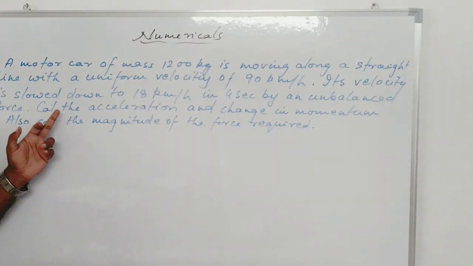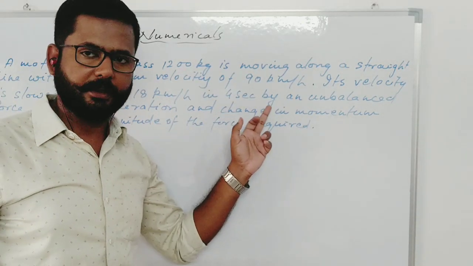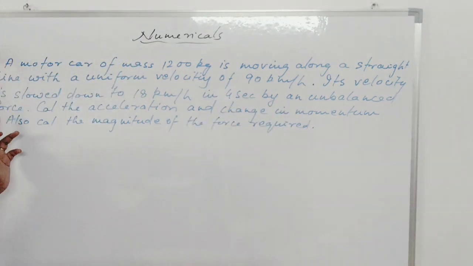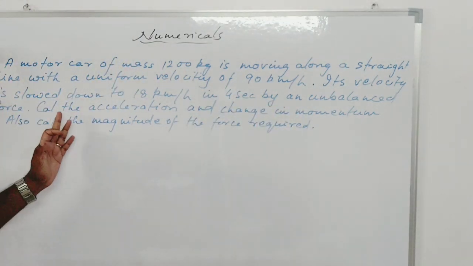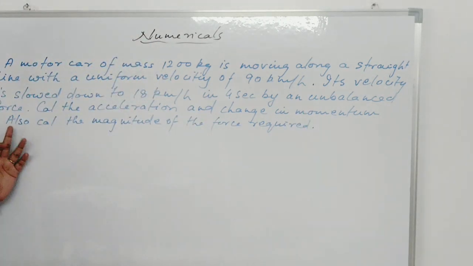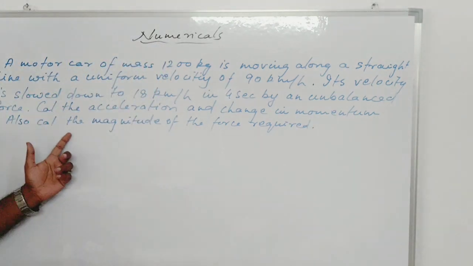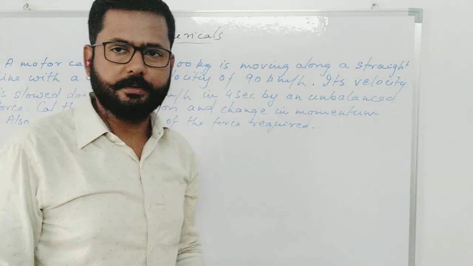Its velocity is slowed down to 18 km per hour in 4 seconds by an unbalanced force. Calculate the acceleration and change in momentum. After that, also calculate the magnitude of the force required.